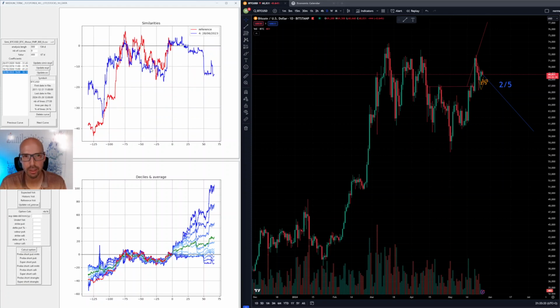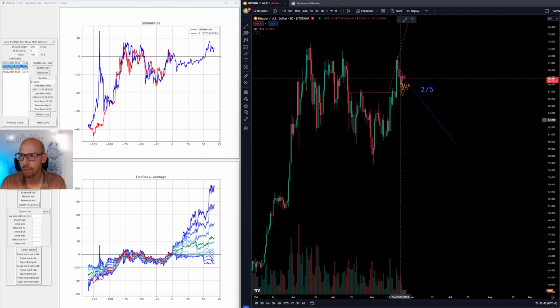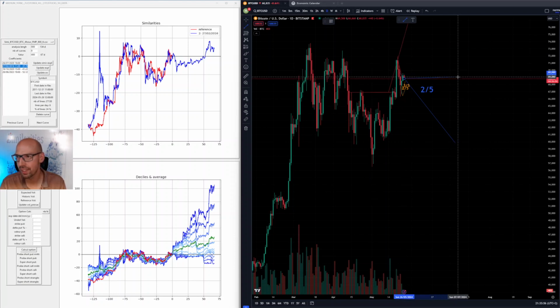This one is less well fitted, but the volatility and the behavior type look more alike. Yeah. So I will pass from a downward prediction to, I guess, a flat prediction for the next 50 days.